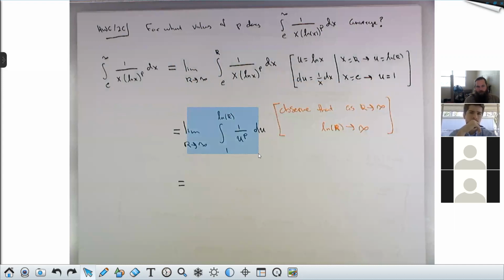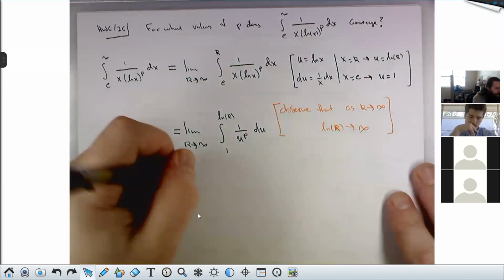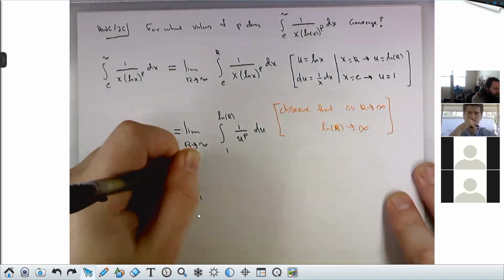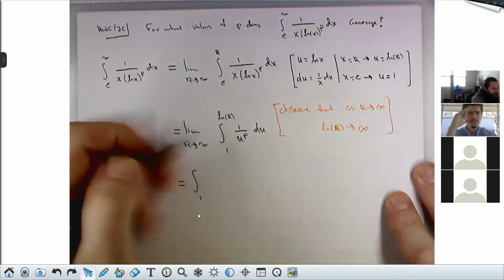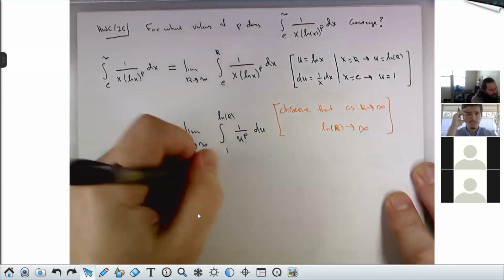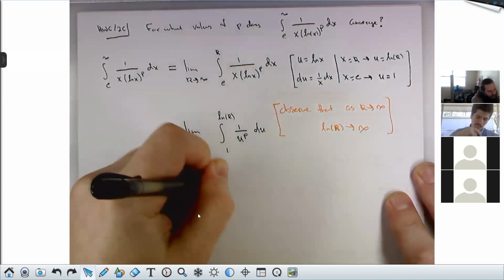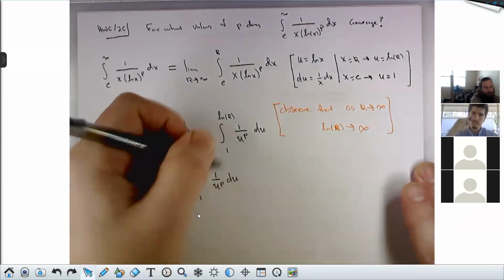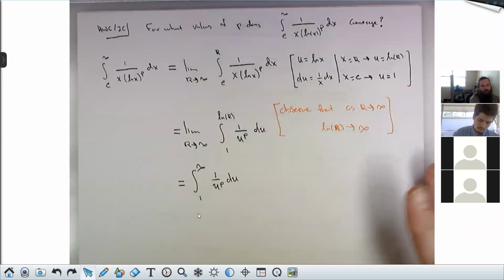And then once we've made the substitution, we can go back to writing this as an improper integral, from 1 to, well, ln r, as r goes to infinity, that goes to infinity. And now this is just 1 over u to the p du. Why is this a smart move?